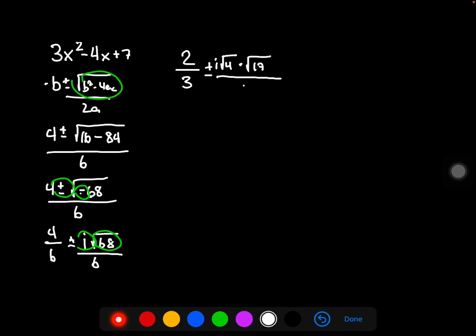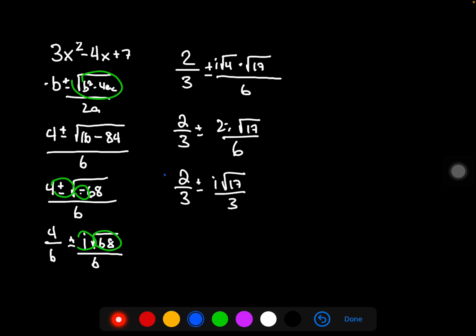And that's all over 6. And now 4 is a perfect square. And so we can take a 2 out of that 68. We're going to get 2/3 plus or minus 2i root 17. 17 is a prime number, so we can't simplify that any further. That's all over 6. And then finally, 2/3 plus or minus, get rid of the common factor of 2 between 2 and 6, i root 17 over 3.